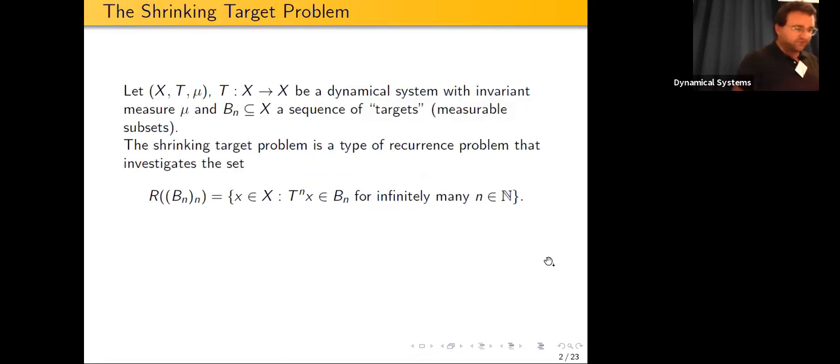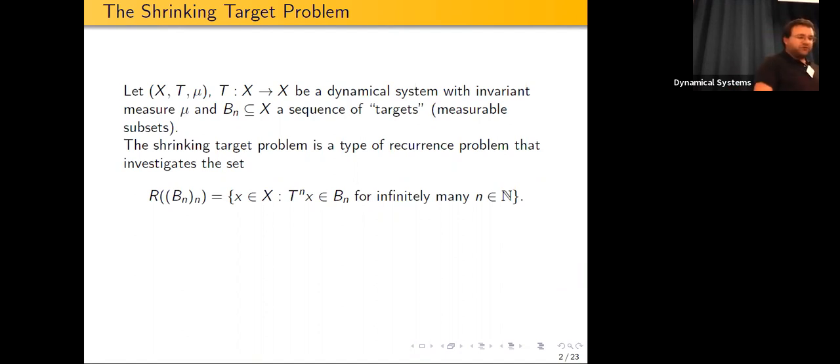All right. So maybe first just start by saying what this shrinking target problem is. If you have some dynamical system, maybe some invariant measure, some other quantity that you want to study, and you have a sequence of targets, some subsets of the space that maybe move through the space, or you just take a certain ball and you shrink this ball, or just take a ball and don't do anything with it. You have this sequence of targets.